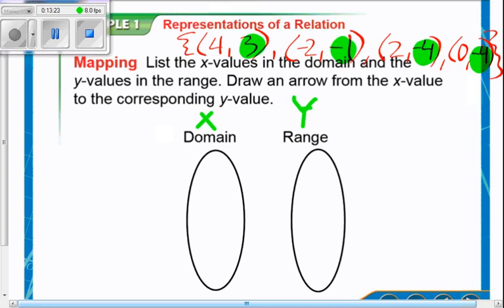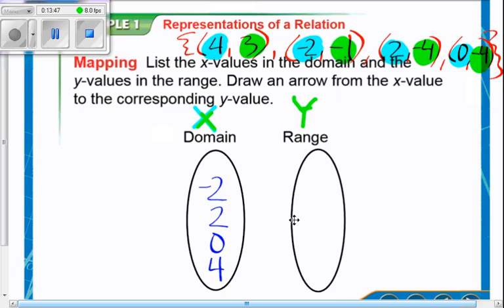And my domain, that's all my x values. So I'm going to try to make those blue. And I'm going to go from smallest to largest. So here we go with our domain. Smallest one is -2, 0, 2, and 4.